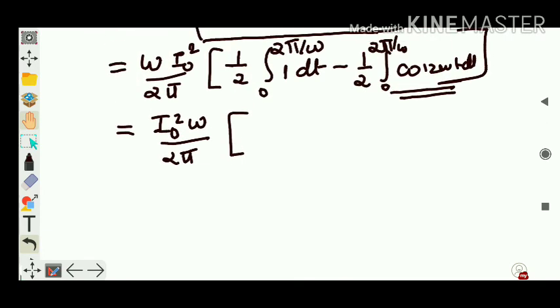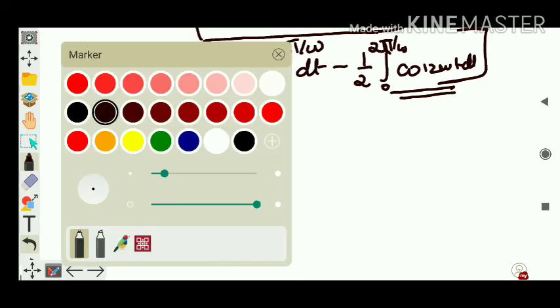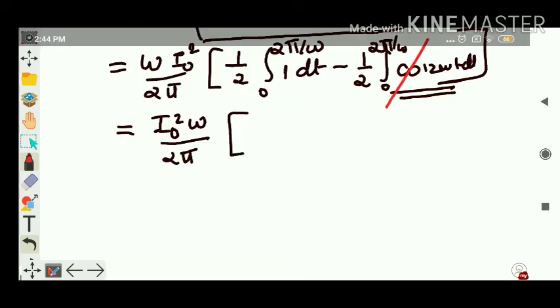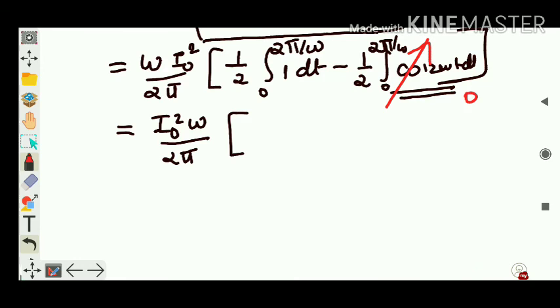So we stopped till here. Now this entire function is equal to 0, because it's cos 2 omega t from 0 to 2 pi by omega, that is for one cycle. So the cos function over one cycle is equal to 0. So there is only this part, 1 by 2 integral 0 to 2 pi by omega dt.